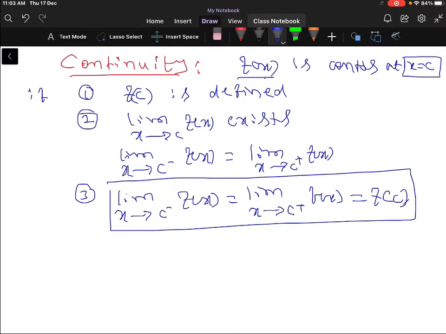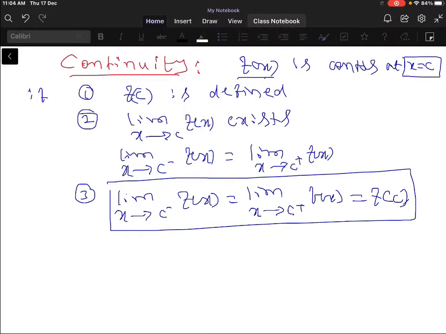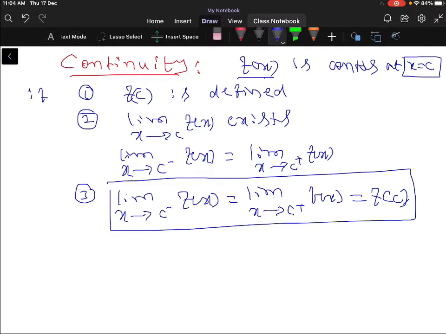Okay, now let us take some examples. Before moving to examples, let me show the function is continuous graphically. You define the domain of the function. Let me take a, b as the domain of the function. So you take a curve.